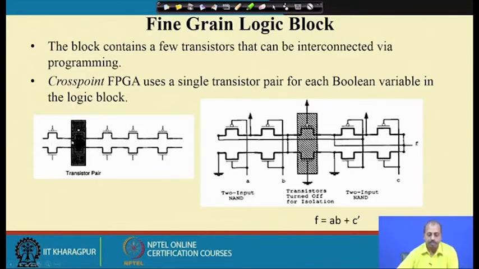You have a chain of such transistors, and you can establish these connections. You can do metallization for this programming, so that the gate lines can be connected to some inputs.